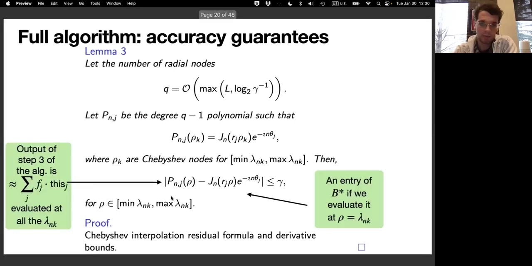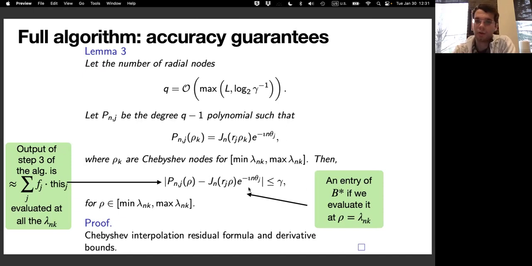So again, why is this important? Well, if we take this thing, multiply it by fj and sum it up over j, that's roughly what we get at the end of the last step of the algorithm. And how about this thing? Well, if we evaluate this at rho equals lambda nk, then this is exactly an entry of b star.